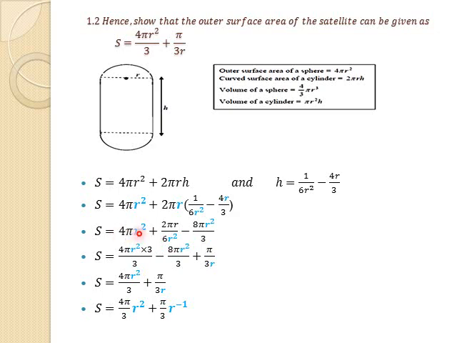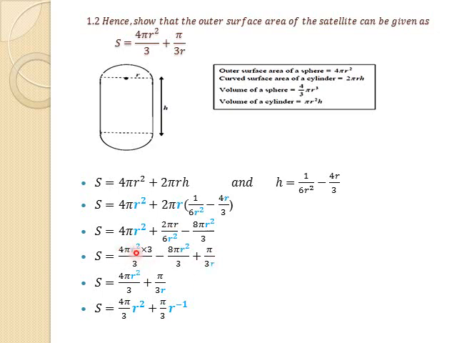So I'm going to introduce 3 here by saying 4 pi r squared times 3 over 3, minus 8 pi r squared over 3, plus, there 2 goes in itself once, 2 goes in 6 three times, r there cancels, and I have 1 r left at the bottom.